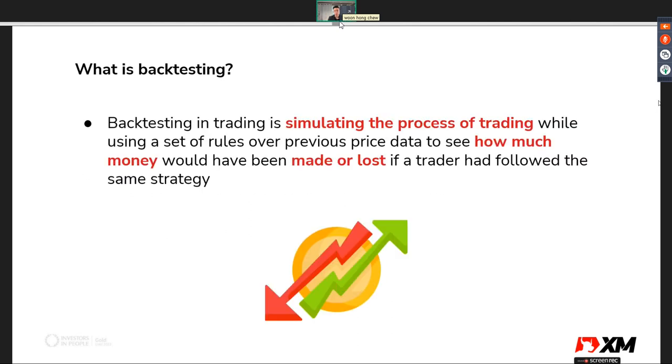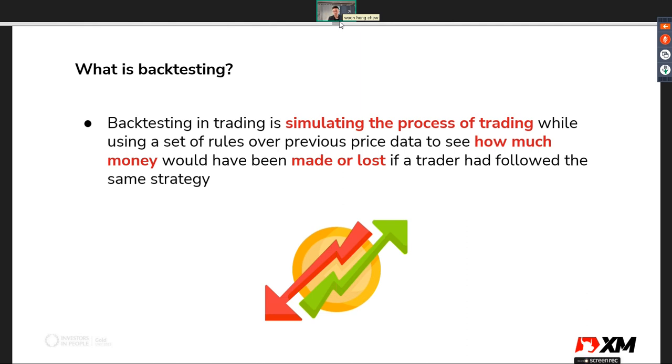Backtesting in trading is basically simulating the process of trading while using a set of rules over previous price data to see how much money would have been made or lost if a trader had followed the same strategy. It is important to follow the exact same strategy, as beginners usually tend to change their strategies after a month or so, because they feel the initial strategy isn't really profiting.